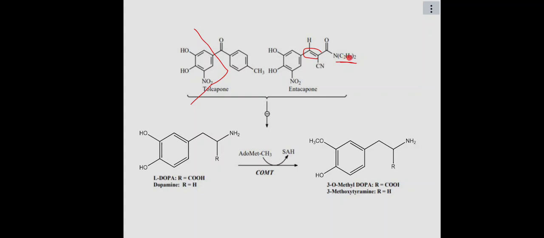So I think I called it N,N-diethylamino, and then position 2 cyano, propene, 1-one.